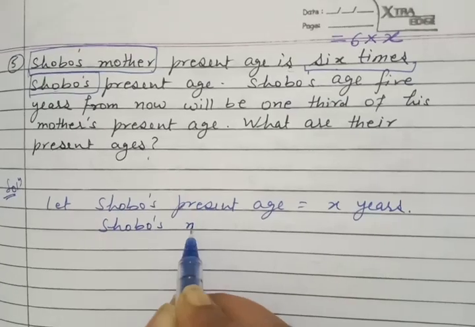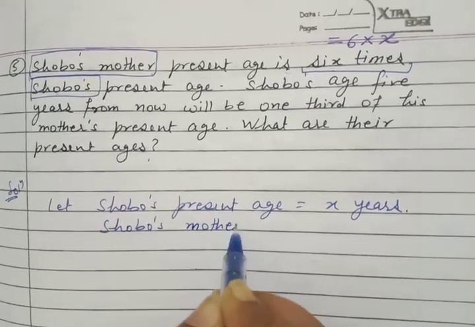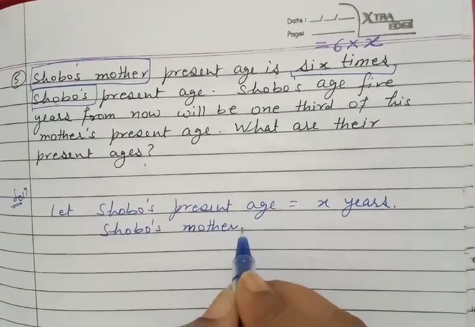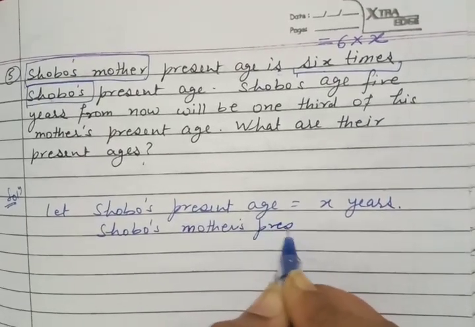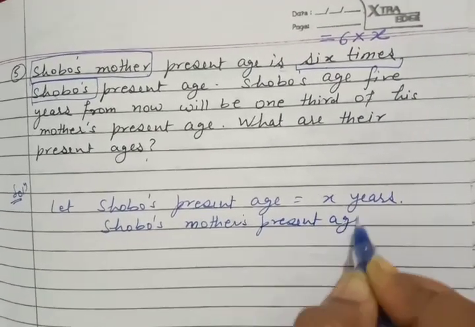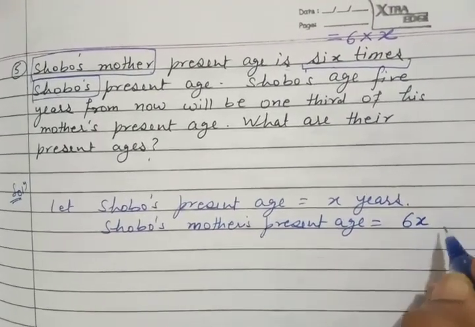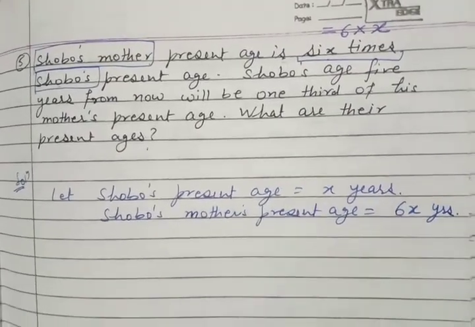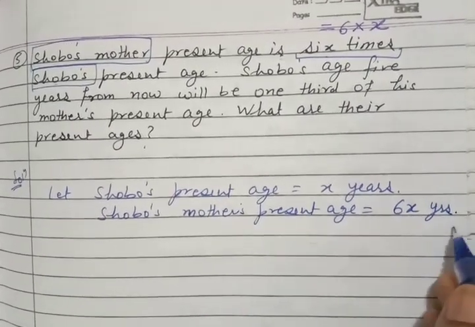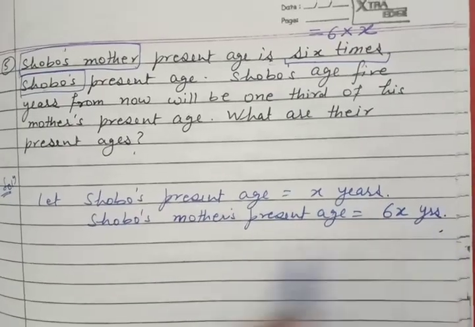Shobo's mother's present age is 6 times Shobo's age. So this is 6x years. This is the short form of years.